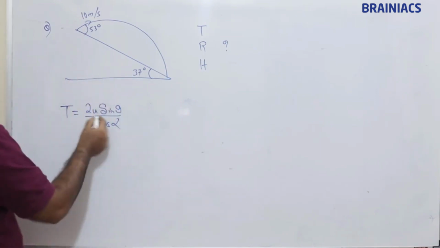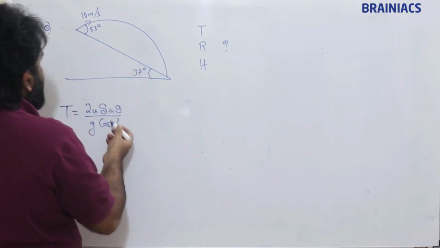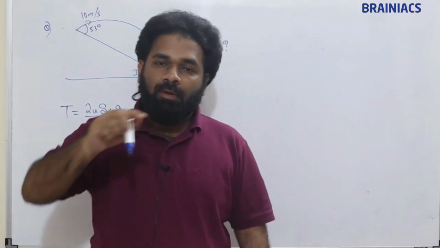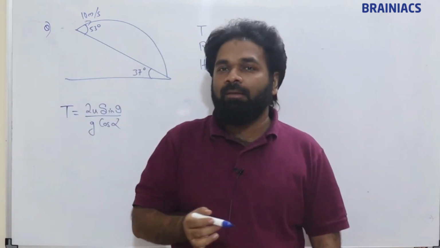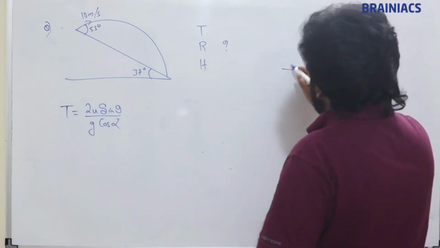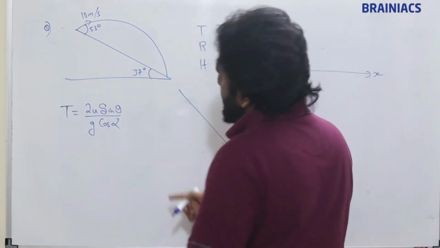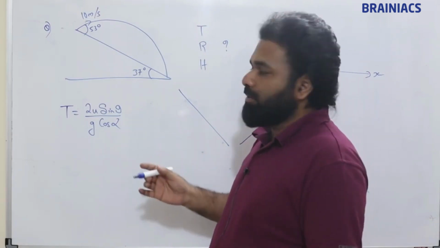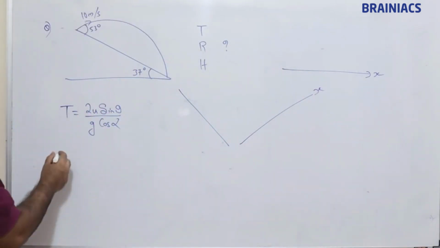Here u sine theta and g cos alpha have nothing to do with the direction change, whether moving in this direction or this direction. Even if we take the x line like this or like this, u sin theta is the y component, and g cos alpha is also the y component. So nothing will happen to the time of flight in bottom to top or top to bottom.